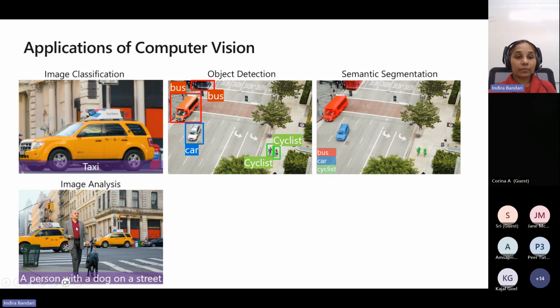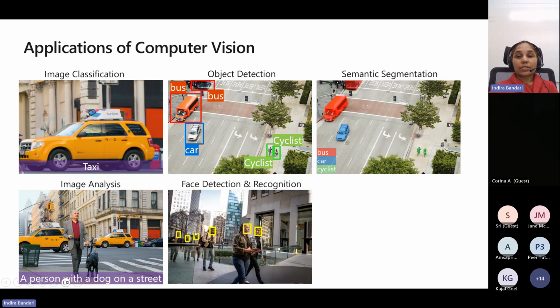Here, the computer vision analyzed this image and said a person with a dog on a street, because that is the dominating part in this image. Okay. So another application is like how you have said, face detection and recognition.